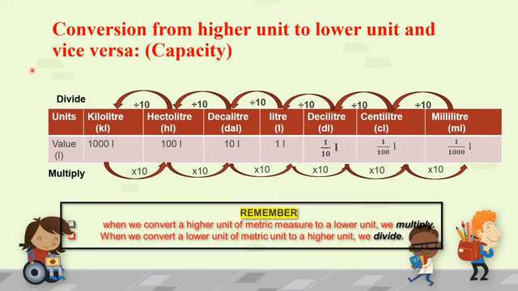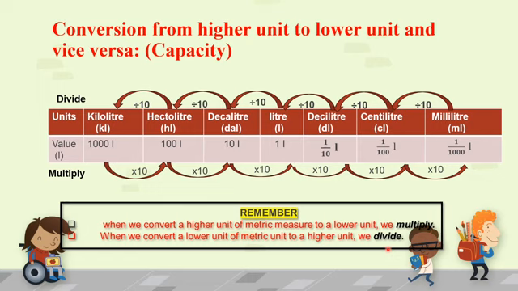So remember, students, whenever you convert a higher unit of metric measures to a lower unit, you multiply, and when we convert a lower unit of a metric measure to a higher unit, we divide. If you keep this in mind, you'll always be able to solve your problems very easily without any confusion.